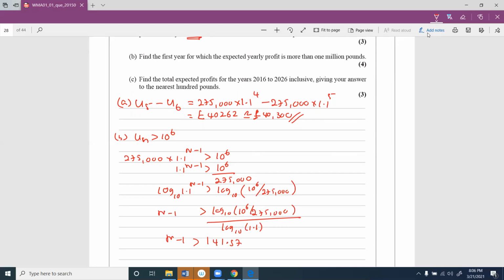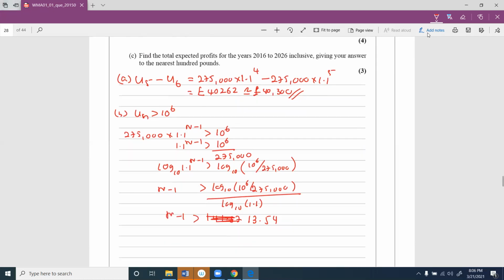Log of 10 to the power 6 divided by 275,000 is 0.56, divided by log 1.1, 13.54, sorry. This is 13.54.